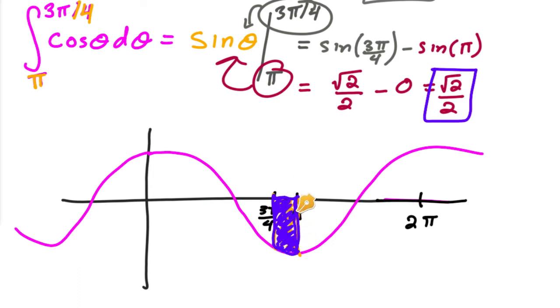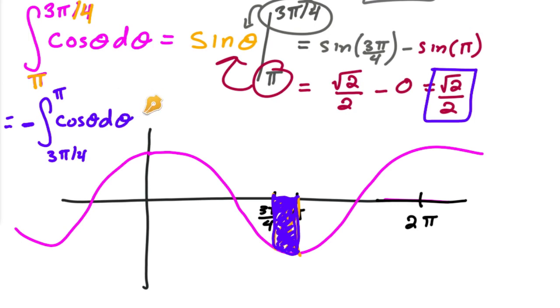Okay, I'll tell you. Remember the property that says that you can flip the limits of integration as long as you change the sign on the outside. So this integral is equal to the integral from 3 pi over 4 to pi, but taking the negative there on the outside. And so notice that when you find this one right here, this integral would be negative, but then when you multiply it times this negative on the outside, then it becomes positive.